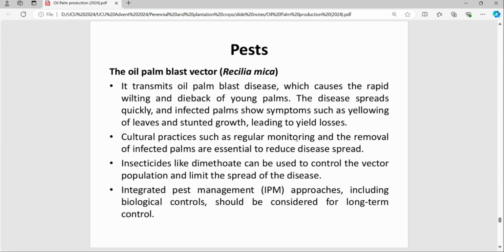This can be managed through cultural practices like regular monitoring and removal of infected palm trees, then using insecticides like dimethoate to control the vector, and applying integrated pest management approaches like biological controls and so many others.